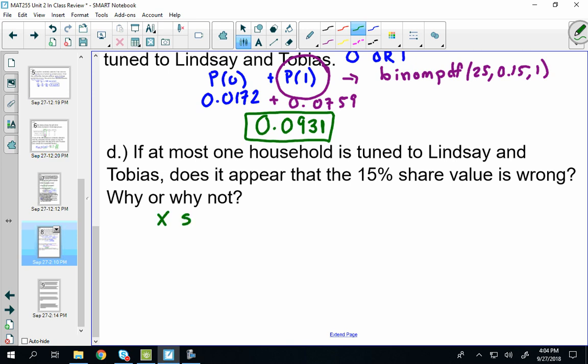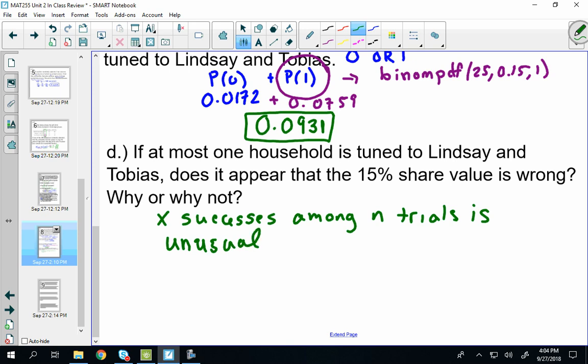If X successes among N trials is unusual, in this case it's low because we're looking at 0 or 1, something below, if P of X or fewer is less than or equal to 0.05.